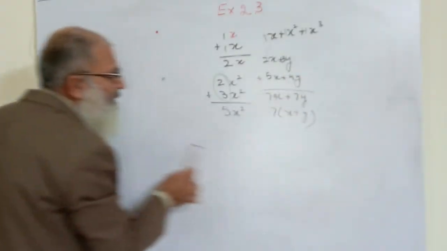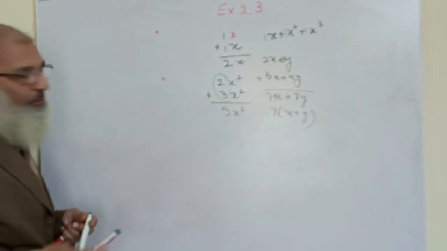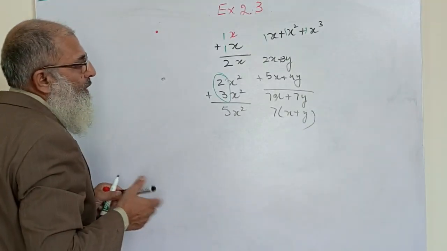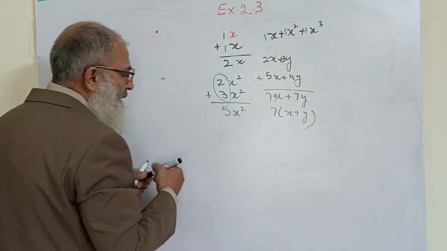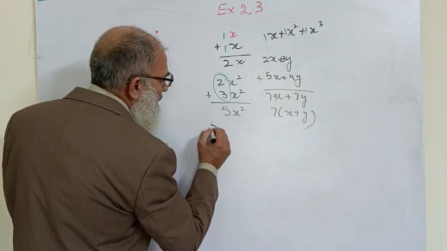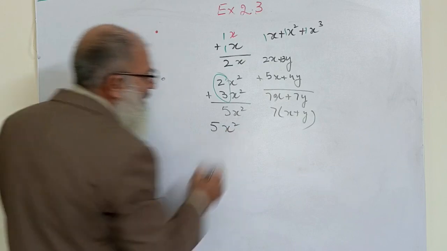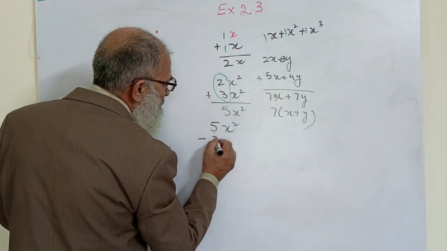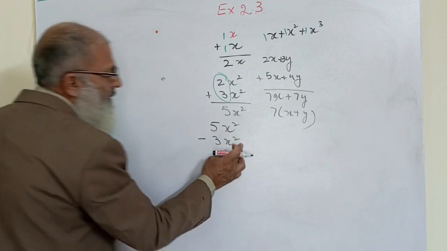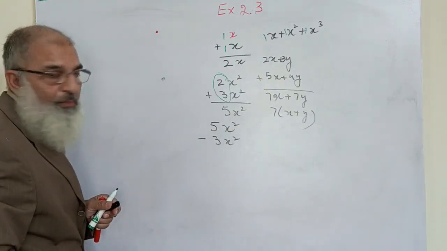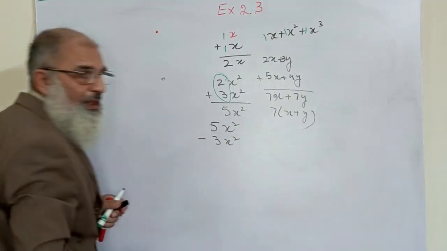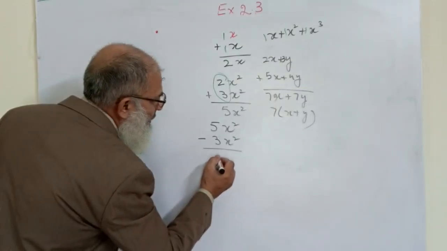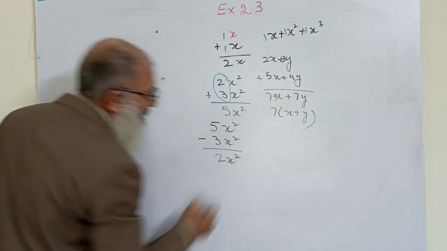Similarly is the case with subtraction. Now what does subtraction do? It will be like this. It is the same. The rule is the same. If it is going to be minus, there must be the same variable, there must be the same degree, and then you have to do the minus work.